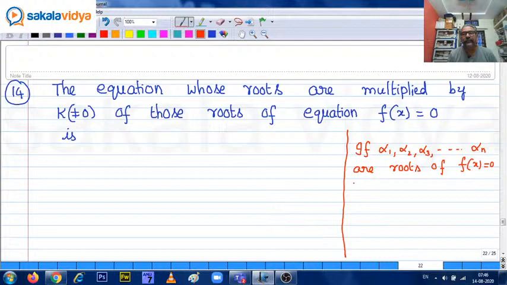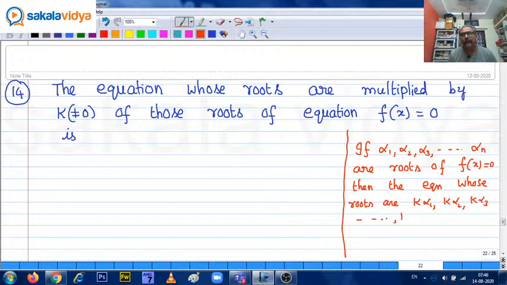That means the equation whose roots are k alpha 1, k alpha 2, k alpha 3 and so on, k times alpha n. That means each root is multiplied by k. That is the equation we need to find out.